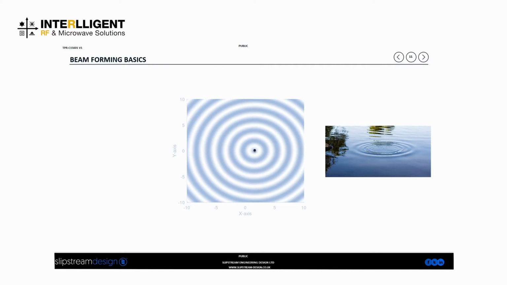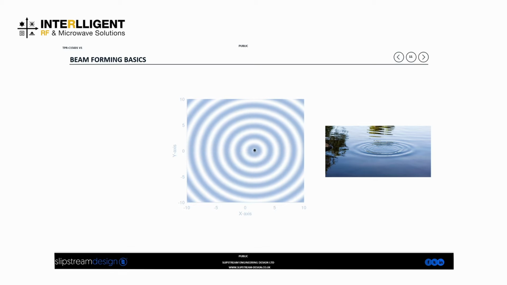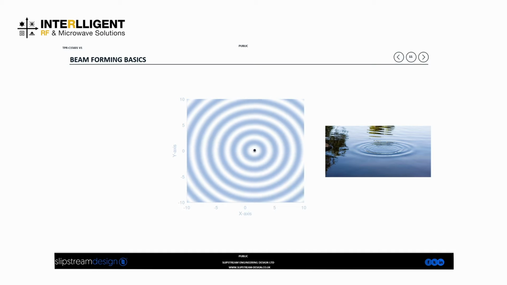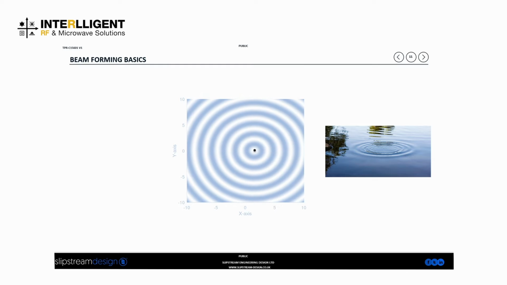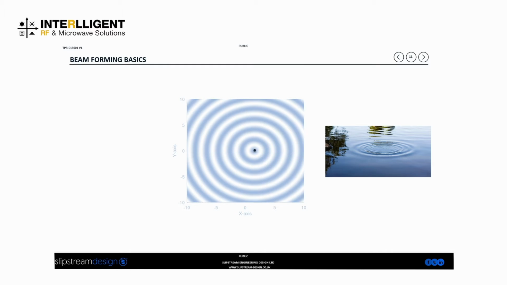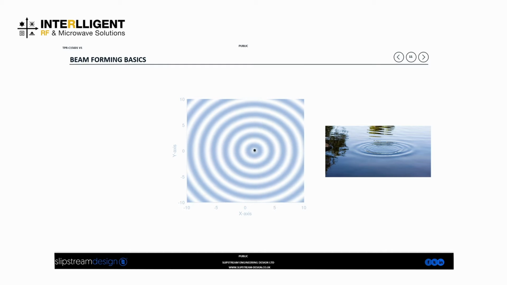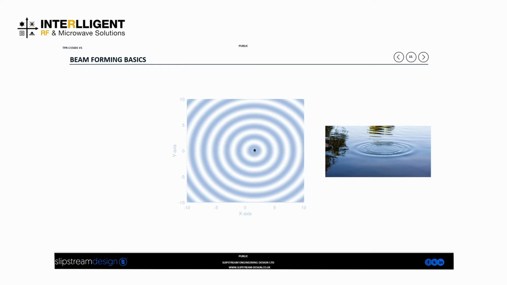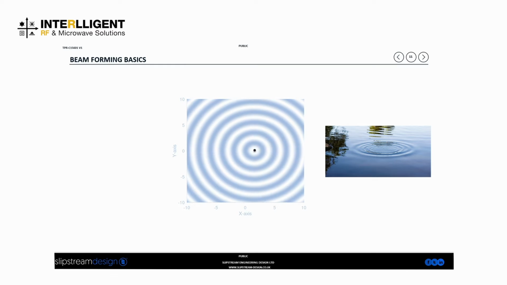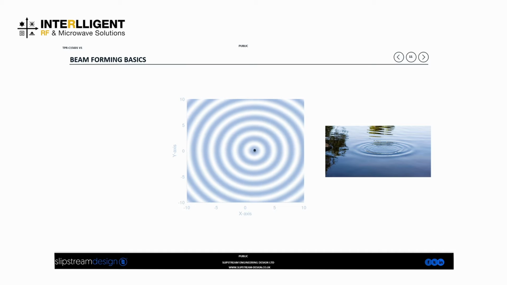So I got MATLAB out and decided just to put together a few little plots just to help describe what beamforming is. So this is just a single isotropic emitter, radiating in all directions, like ripples on a pond. And the signal's going in all directions.